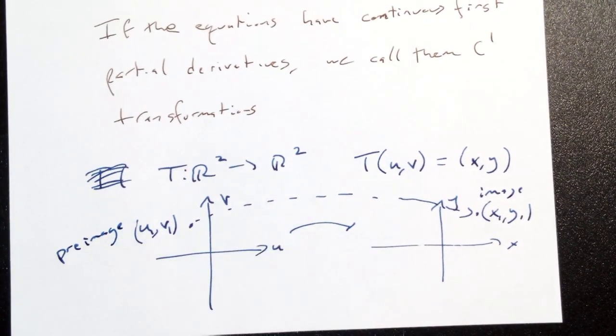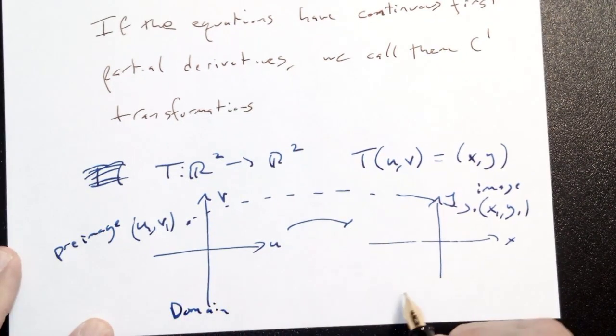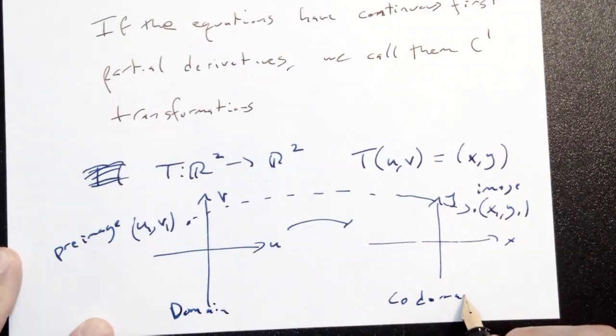If I'm being really precise about this, we talk about the domain and the codomain. And then the set of points that we hit is the range.